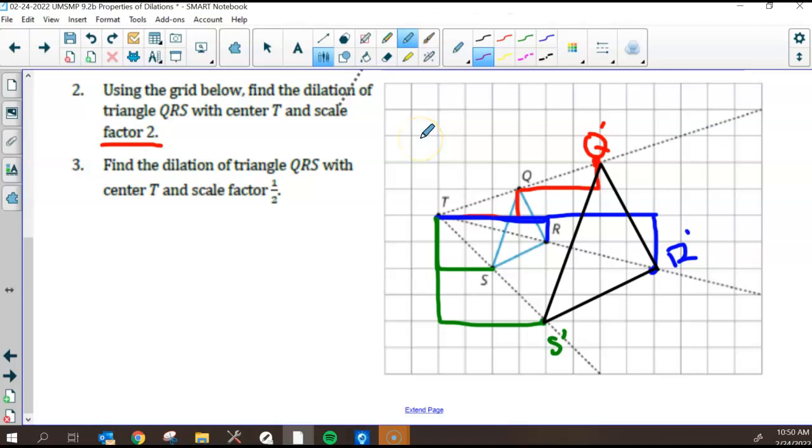Instead of doubling all the lengths, we're going to halve all of the lengths.